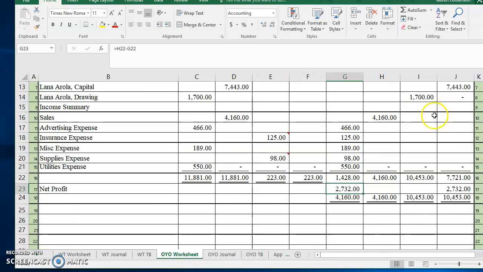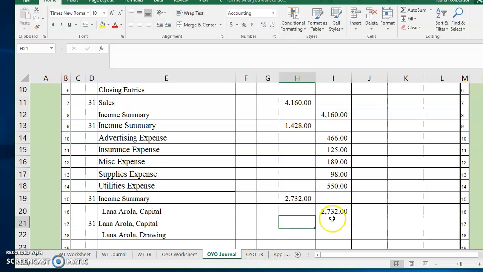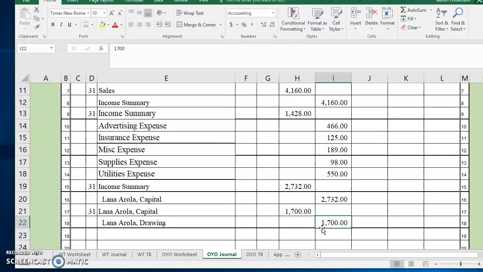So she withdrew $1,700 throughout the month. So I'm going to debit her capital for $1,700, and I'm going to credit her drawing for $1,700, and that'll close it out.